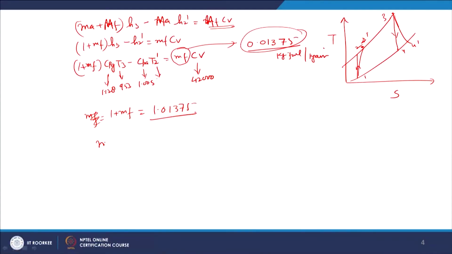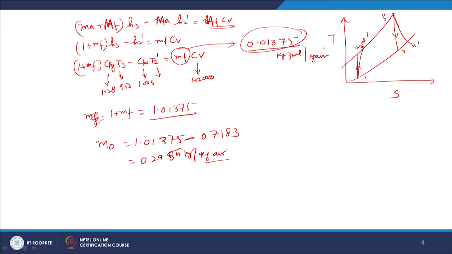Therefore, the mass available for output is 1.01375 minus 0.7183, which is equal to 0.2954 kg per kg of air.